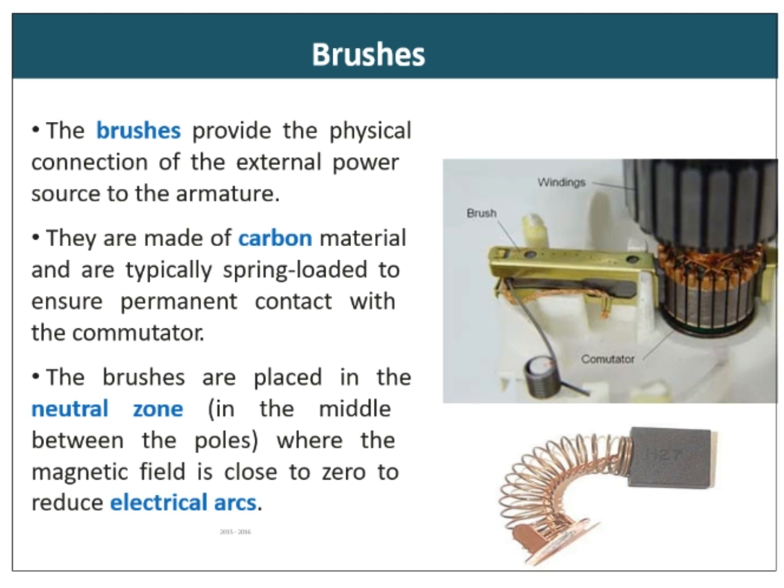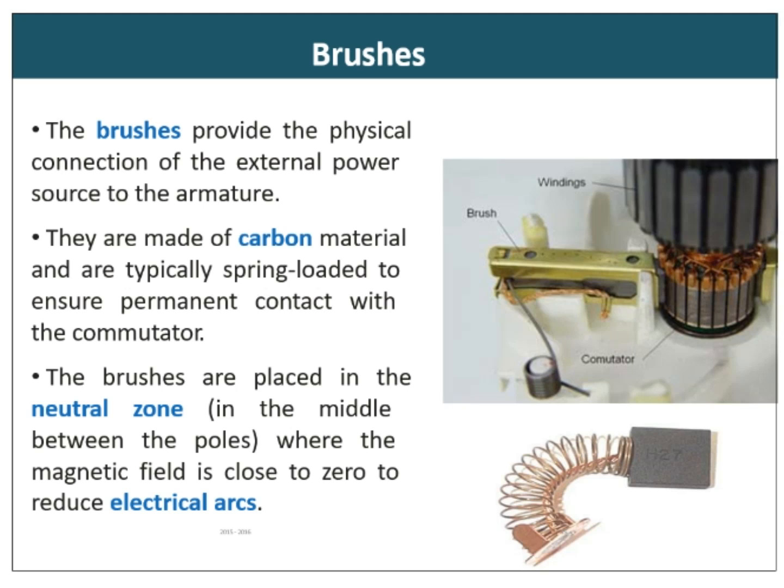When the commutator is moving and touching the commutator segments, what will happen after some time of operation? The brushes will wear out, and then it will affect the connectivity.